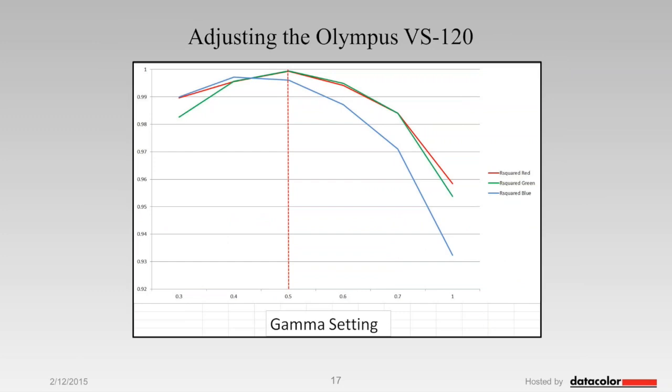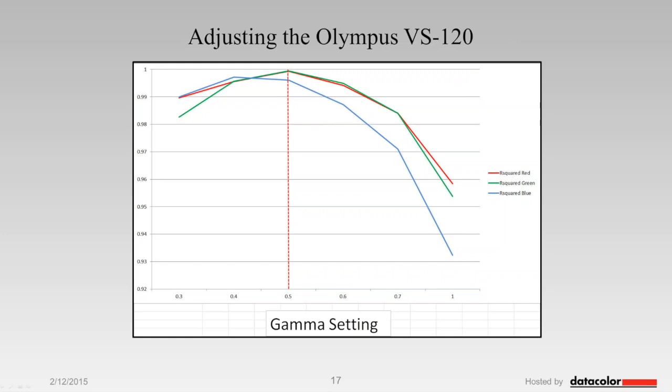So we did a number of tests where we acquired the calibration image at different gamma settings. So again, this is gamma 1, where we initially started, and we set it at different levels and checked the linearity, and we find that at 0.5 we reach a maximum of linearity for the green and the red channel, although the blue is still off.